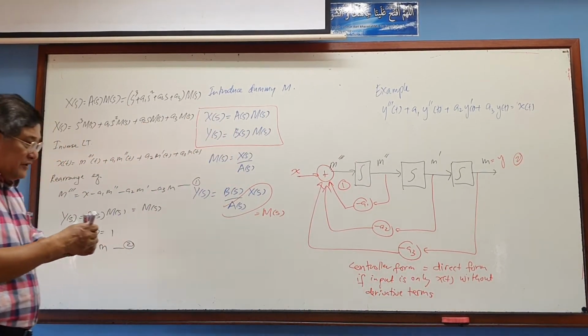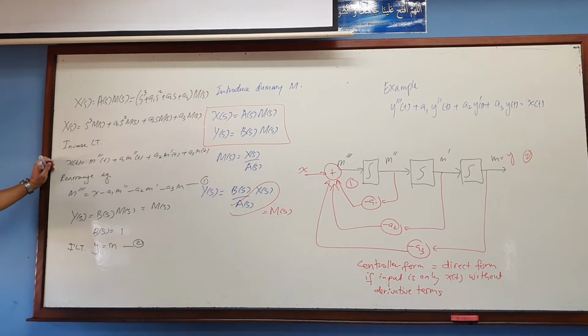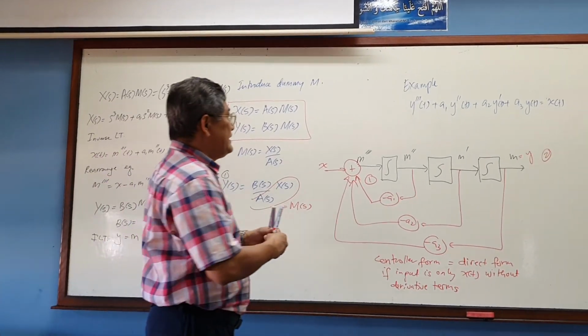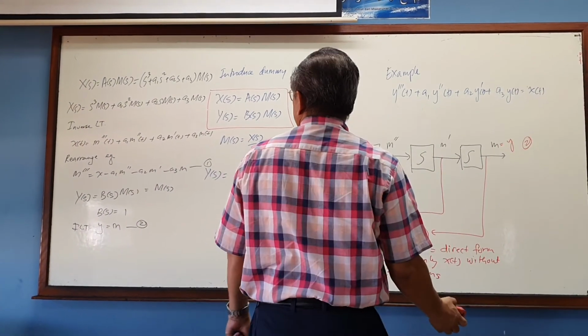Okay, so this condition is only valid if the input is only x of t without derivative terms. So this is the first example where we have the input as only x.